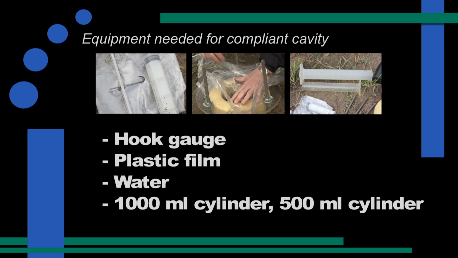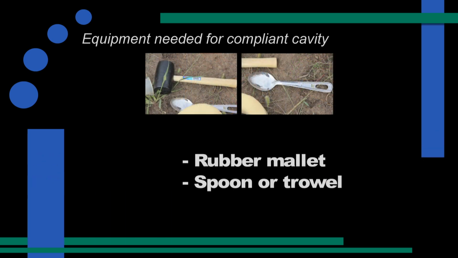And you're going to have some plastic film and some water. You'll have 2 graduated cylinders, a 1,000 milliliter cylinder and a 500 milliliter cylinder. To pound in the rods, you're going to have a mallet. And you may need a spoon to help excavate the soil.